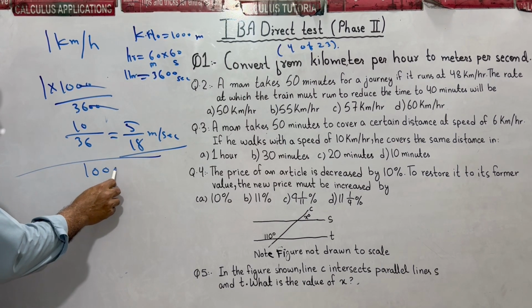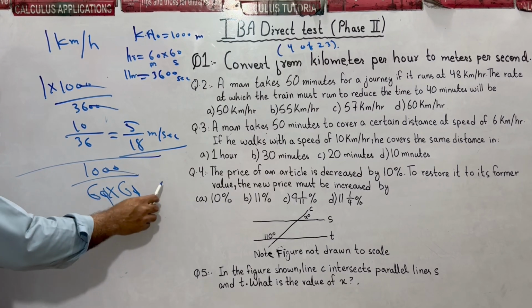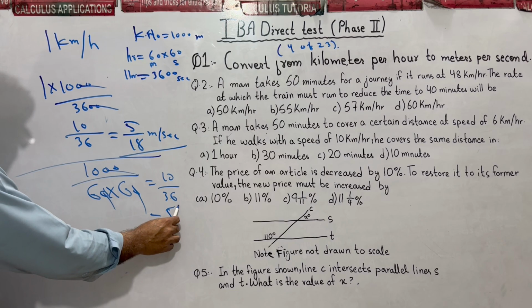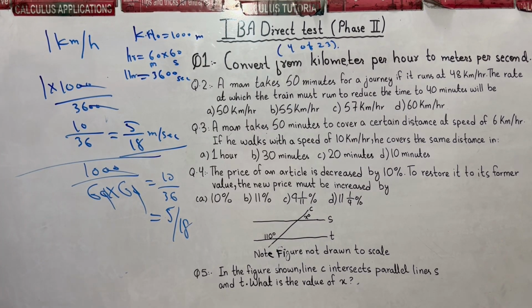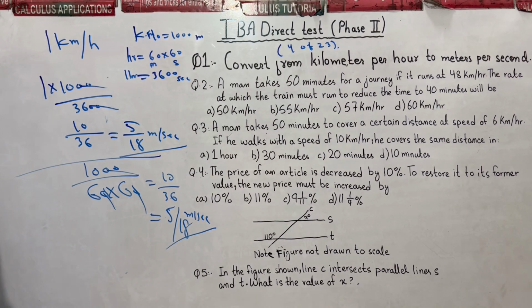One can do it in that fashion. For minutes and seconds, the calculation is almost the same. 10 over 36, applying table of 2, we have 5 over 18 meter per second. Okay, cool.